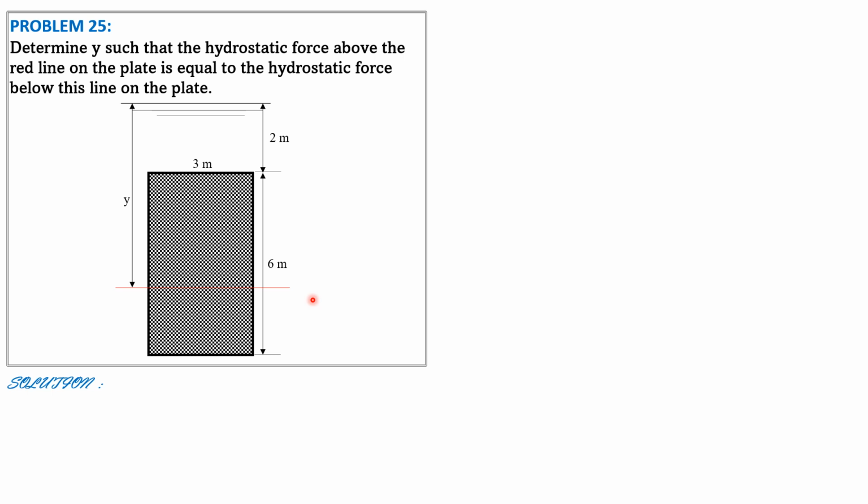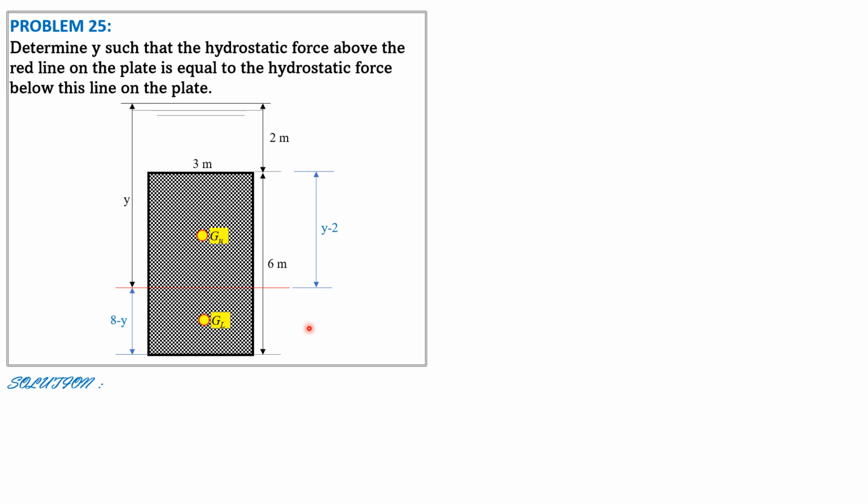So for the solution, let's locate the centroid of area of each. So that's GU. And therefore, because this is 2 plus 6, 8, and that is y, so this is 8 minus y. This is equal to y minus 2, this one.